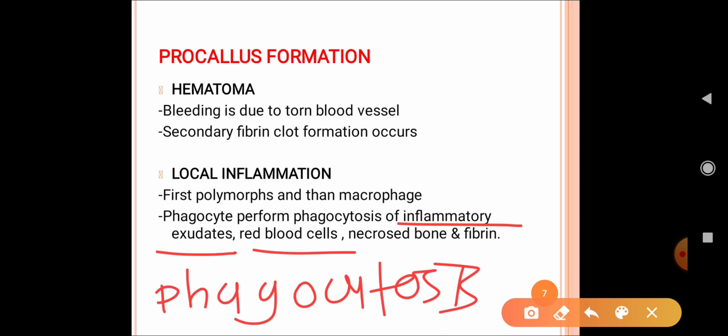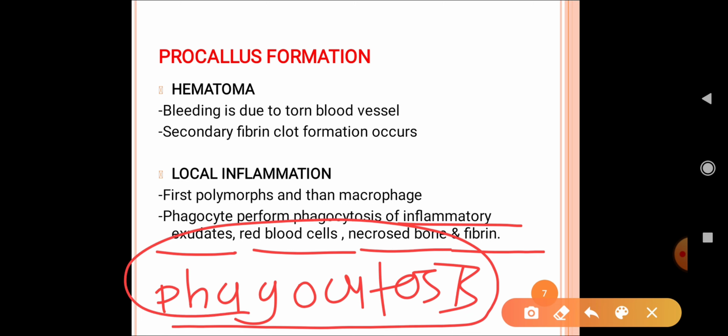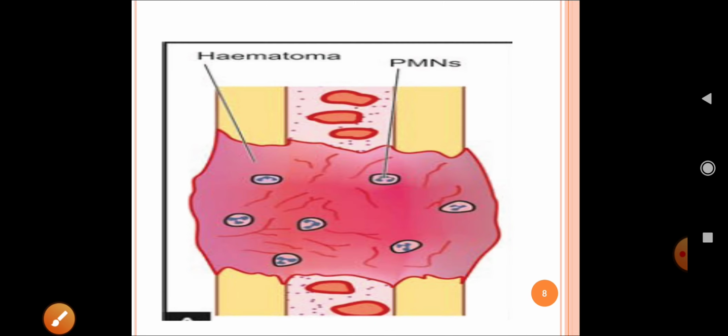They will try to remove the inflammatory cells or exudates that have performed their function. They will try to remove the fibrin, and they will try to remove the damaged, necrosed bone. They will try to remove the bacteria as well. So they will do the function of phagocytosis. So the local inflammation will happen.